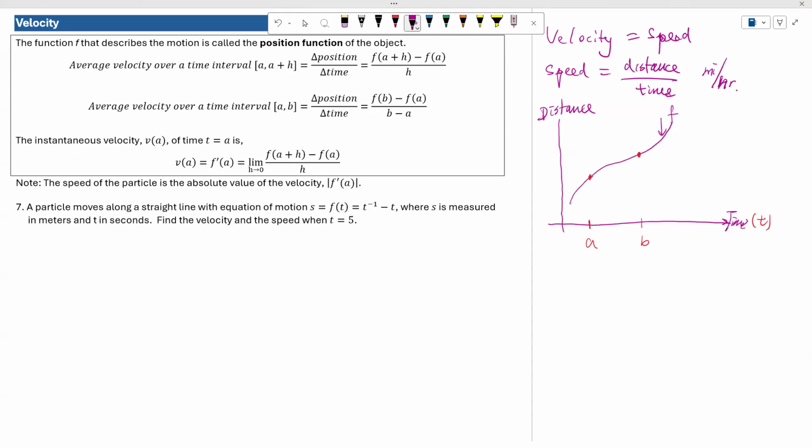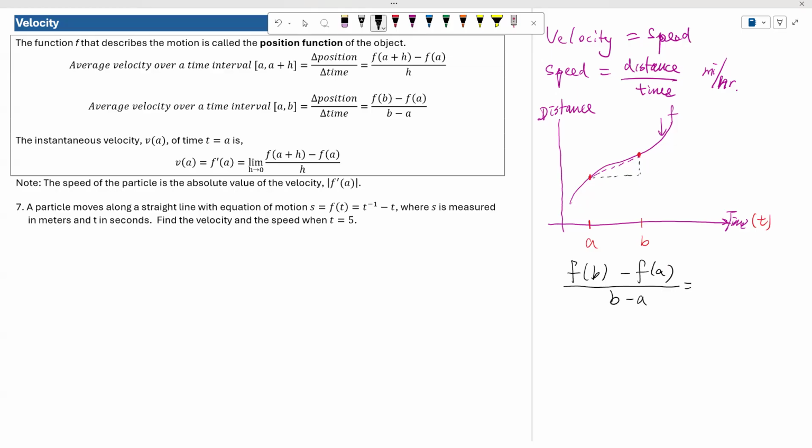Now, if we look at the average rate of change, meaning the slope of this secant line here, then it will be f of b minus f of a over b minus a.